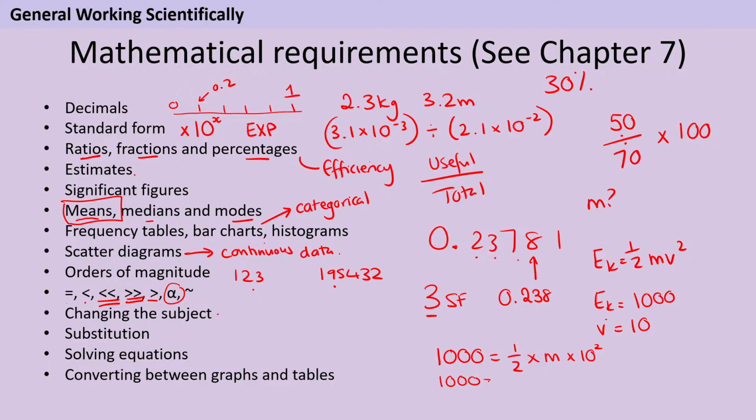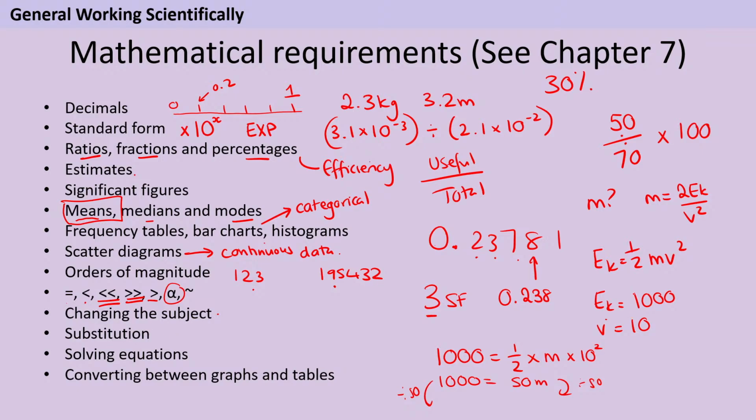So 1,000 is 50m, and then divide both sides by 50. You're absolutely allowed to do that. You don't actually have to rearrange this first and say, oh, actually, m is going to be 2Ek over v squared. You can do it that way around, and I would probably recommend doing it that way around if you're going to go on to A-level physics, but for GCSE it's okay.